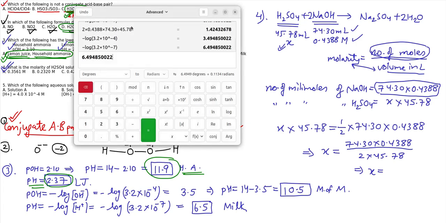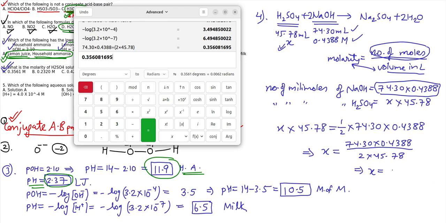Let's use the calculator to make the calculations easy. So it is 74.30 multiplied by 0.4388 divided by 2 into 45.78, and let us see what this value is. This is coming 0.35608, or you can write 0.3561.